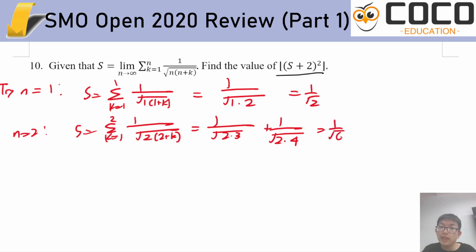Yeah, 1 over root 6 plus 1 over root 8. Now that's still not very big, right? That's not very big because these are both between 2 and 3, which means that this is between 2/3 and 1.